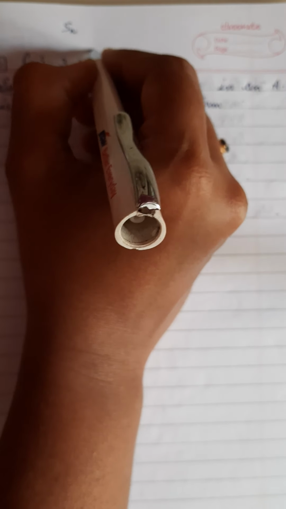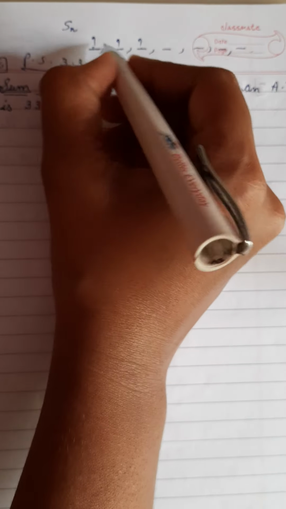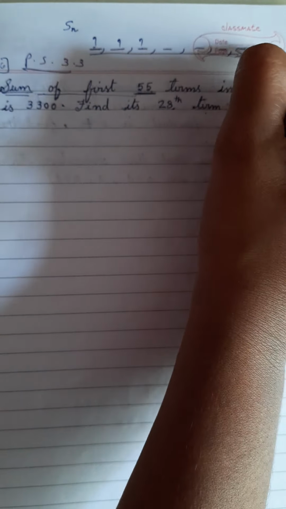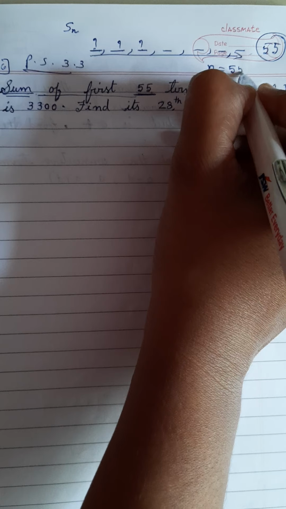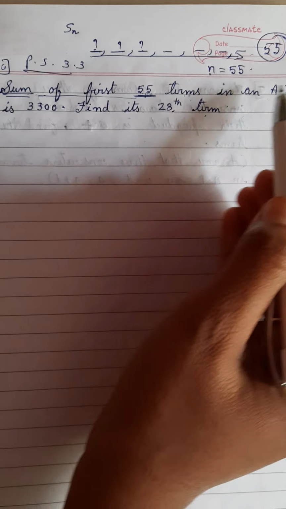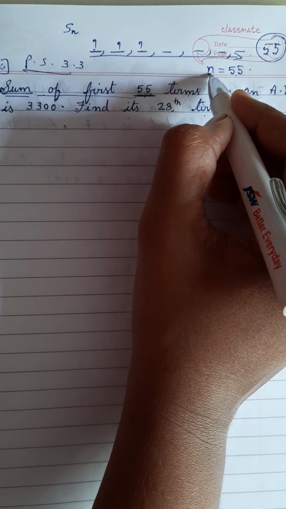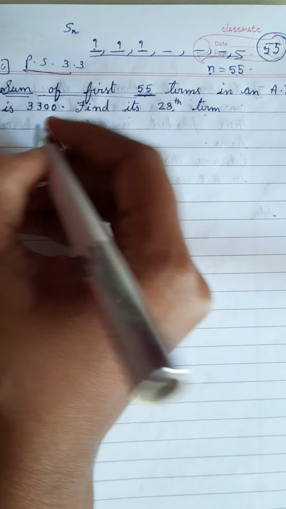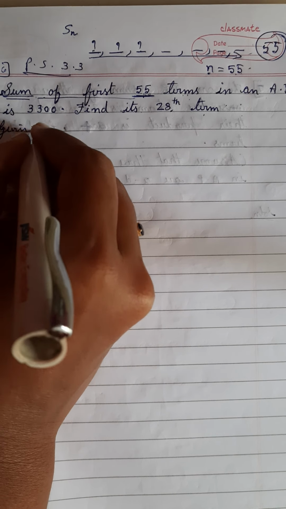Imagine there is an AP, a sequence 1, 2, 3. Here so many terms are there: first term, second term, third term, like this. Total how many terms are there? 55 terms are there, so we can consider 55 as n, the number of terms.